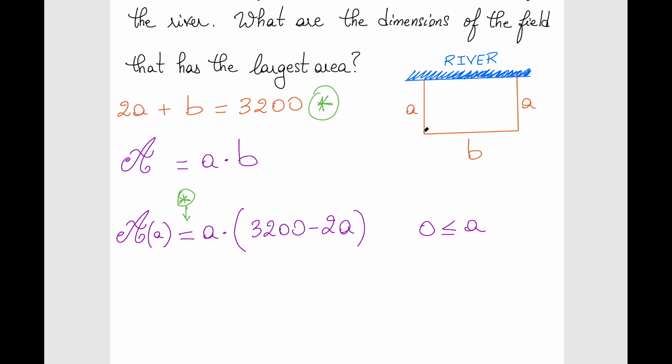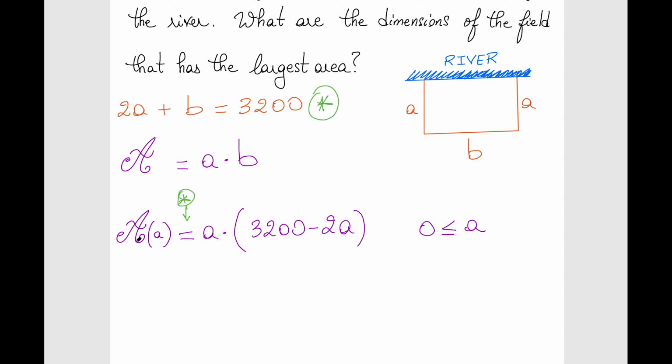It's the length of this side, so this guy cannot be less than 0. On the other hand, the area cannot be negative. Given that little a is non-negative, the area function becomes negative if little a exceeds 1600, right?